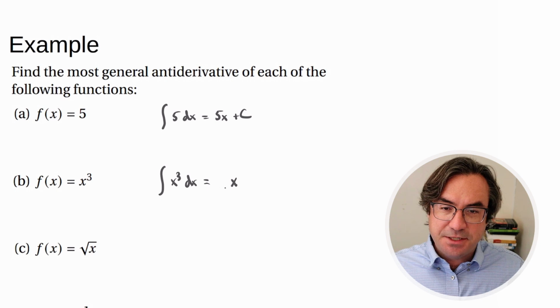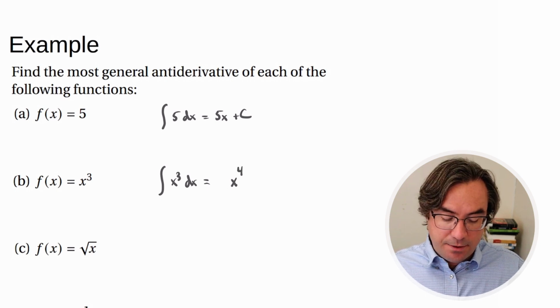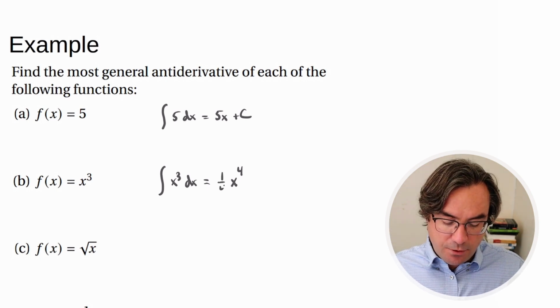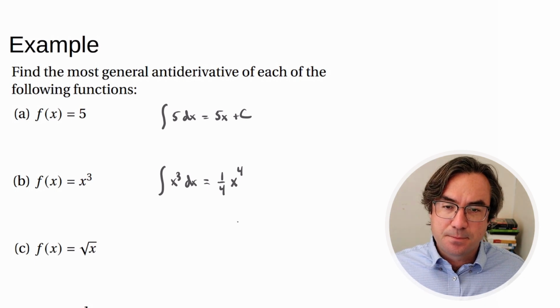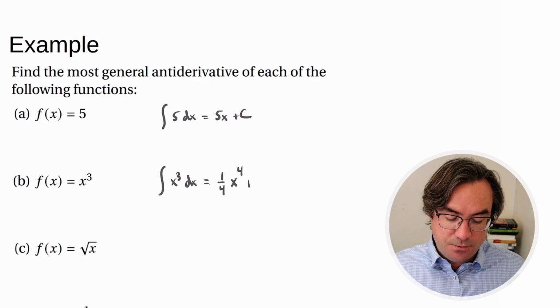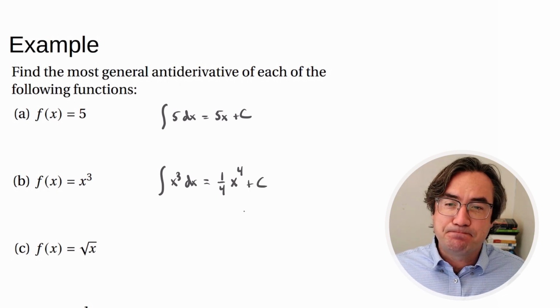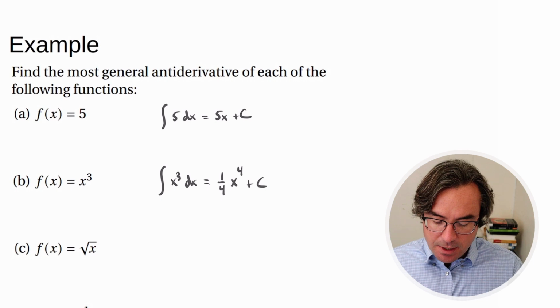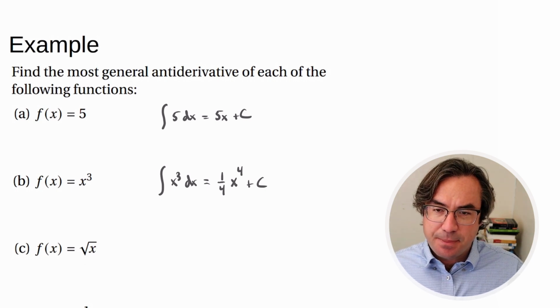And then we're going to take our old exponent and we're going to add 1. So we're going to get 4. And then we take this new exponent and we flip it. Put the reciprocal in front. So we get a 1/4 in front. And then at the very end, we want to remember our plus c. Okay, and there it is. We've got our antiderivative.